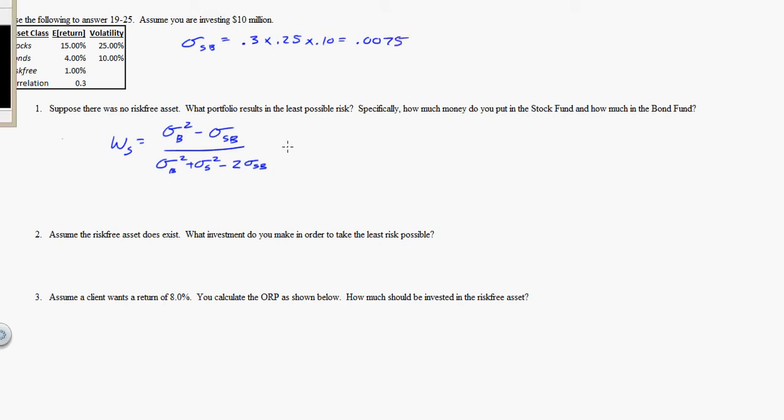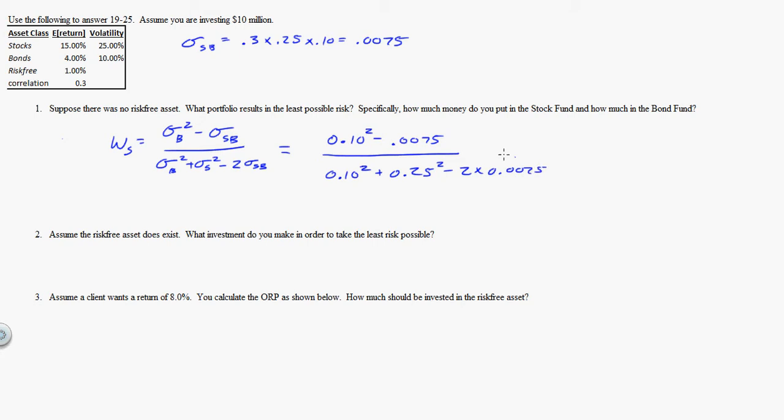0.0075. Okay, so what I have here is this bond fund 0.10 squared minus the covariance 0.0075 divided by the variance of the bond fund plus the variance of the stock fund minus 2 times the covariance, and that equals like 4.35%.